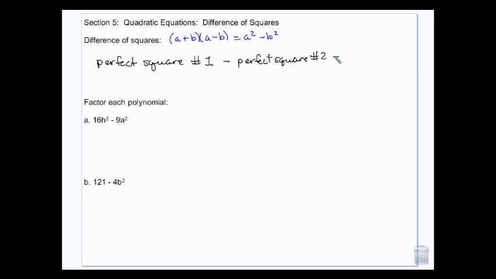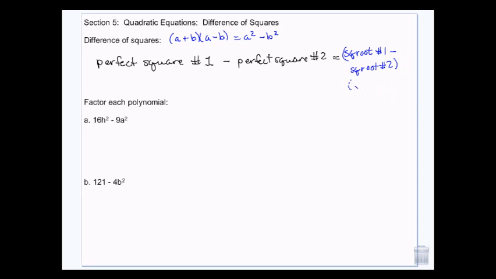Okay, and it equals the square root of number 1 minus the square root of number 2, times the square root of 1 plus the square root of 2.